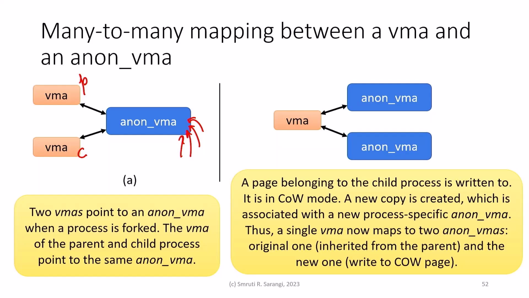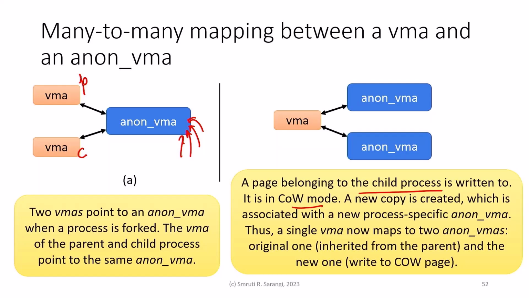Now consider the other case where a page belonging to a child process is written to. You write to it. When you write to it, the copy on write action sets in. So what happens? A new copy is created. This is associated with a new, so it cannot be associated with the previous Anon VMA. It has to be associated with a new Anon VMA, right?